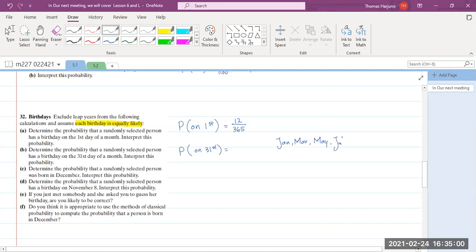September? Huh? September actually doesn't have a 31st. July and August. And then October. And then December. Right? 1, 3, 5, 7, and then 8, 10, 12. So there are 7 31sts in a year out of 365.